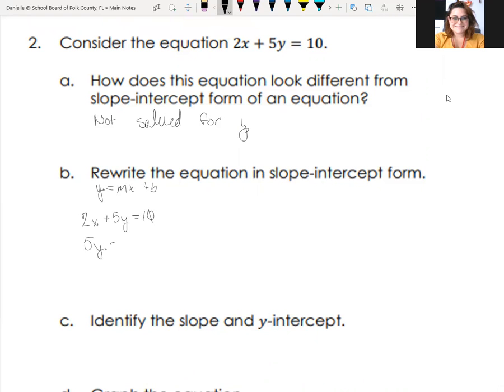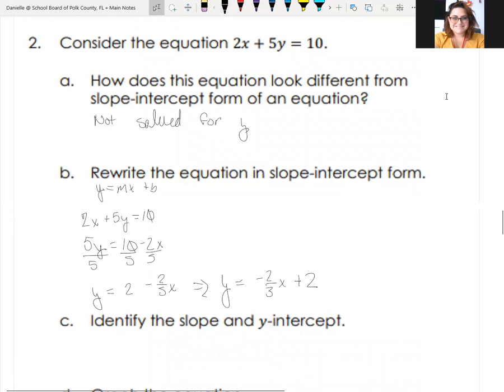So I'll have 5y equals 10 minus 2x. Now I need to divide my 5 away. And I'm left with y equals 2 minus 2/5 x. And we want x first. So that means that y equals negative 2/5 x plus 2.